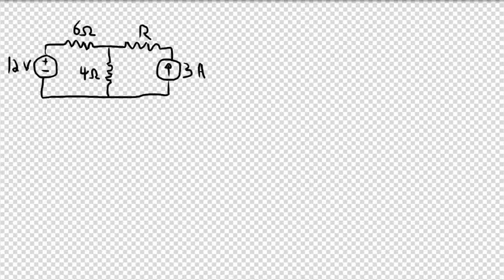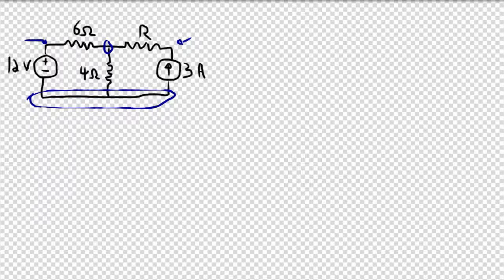So, in the case of this circuit, there are exactly two nodes. One right there, and this entire bottom rail is also one node. Now, these two little corner guys right here, they're not nodes.